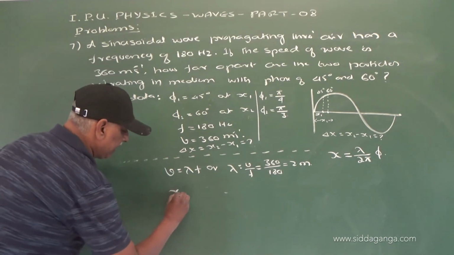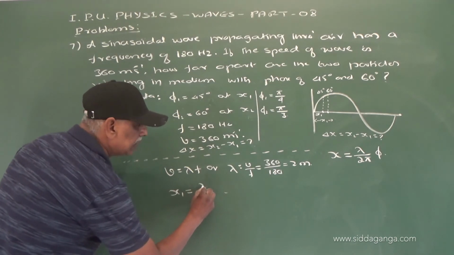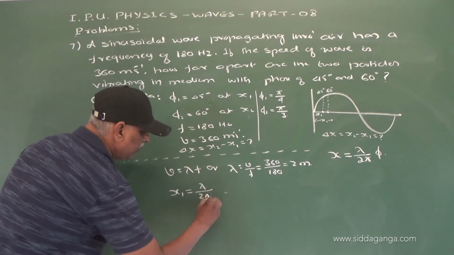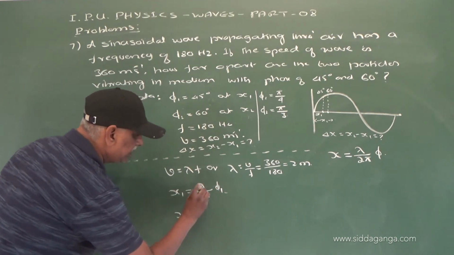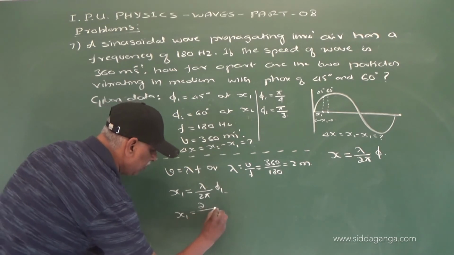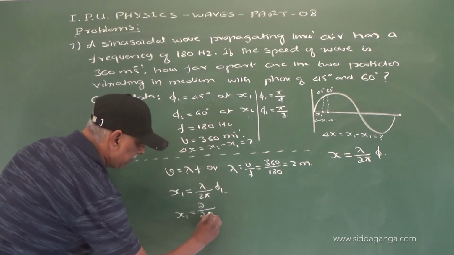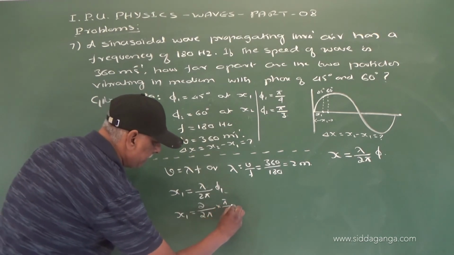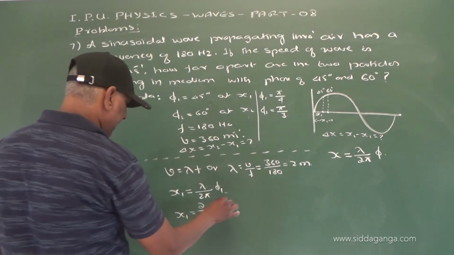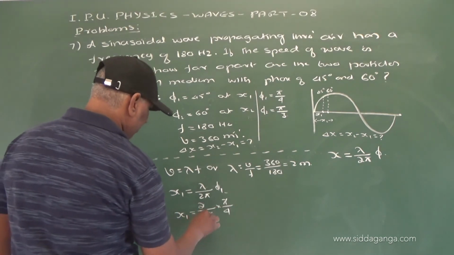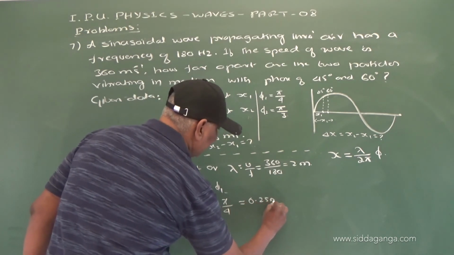Now x1 is equal to lambda by 2 pi into phi 1. So x1 is equal to 2 by 2 pi into pi by 4. Here pi gets cancelled, 2 gets cancelled. This is 0.25 meter.